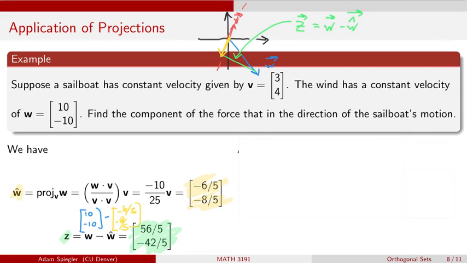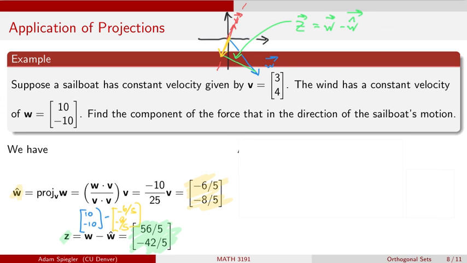So when we project the vector W onto the direction V, we get this yellow vector, (-6/5, -8/5), that we denote with W hat, the orthogonal projection of W onto V. And then this second vector is the remaining piece, the vector in green that we often denote with a Z, and in this case that is (56/5, -42/5).